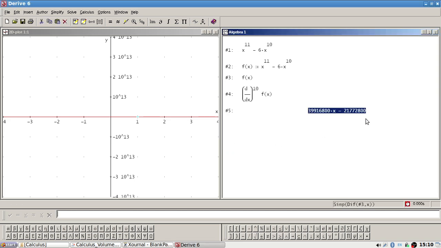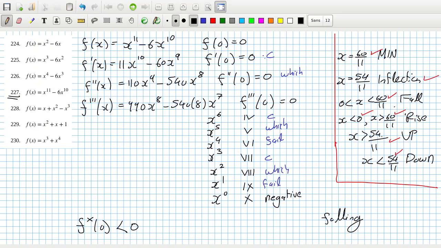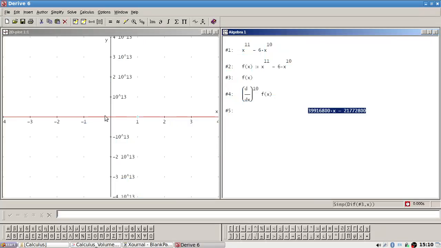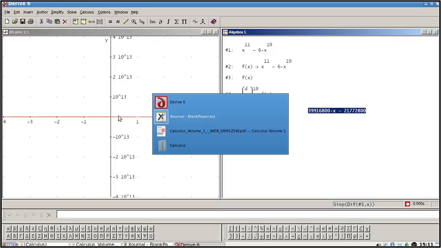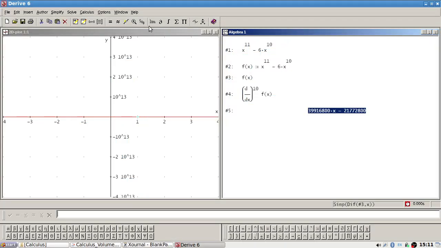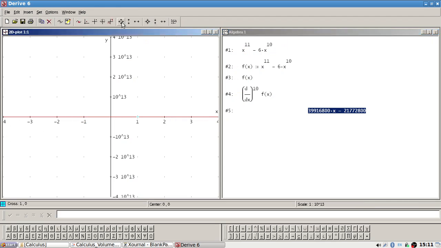Okay. So what is happening at 0? It's a negative. So it should be falling. Is the graph so small I cannot see the shape? Is that what's happening here?